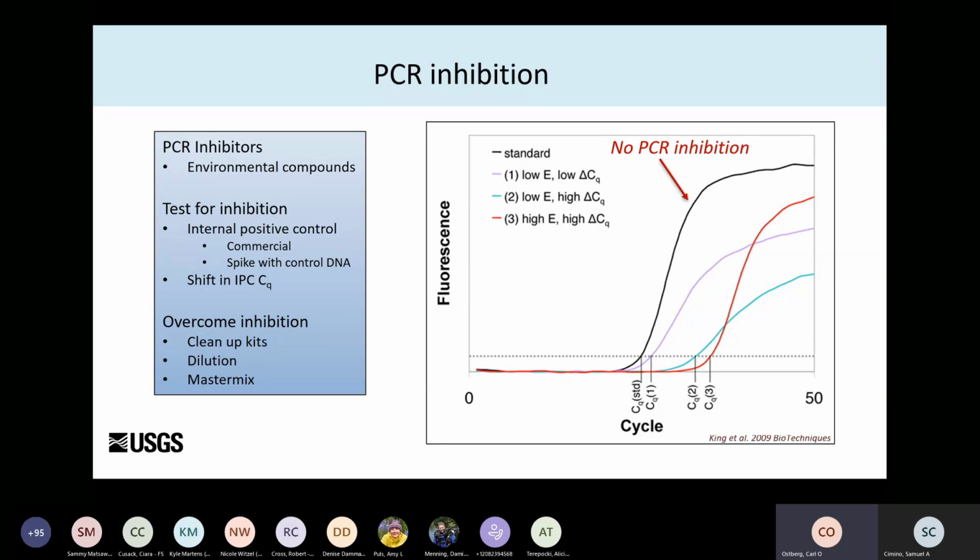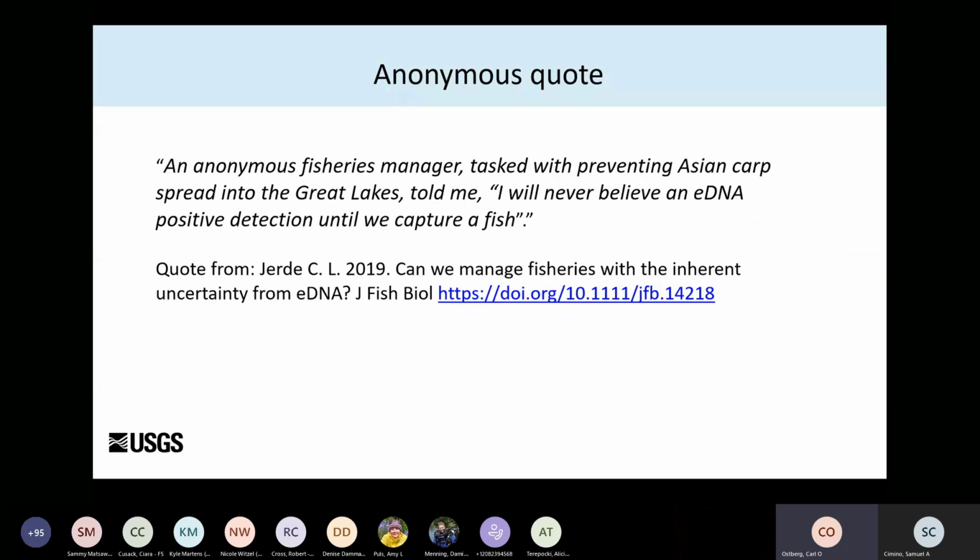At this point, maybe you've recognized that there's some uncertainty and potential errors in the DNA analysis, and I think it's captured really well in this quote from a paper by Jerde from 2019, a really good paper.